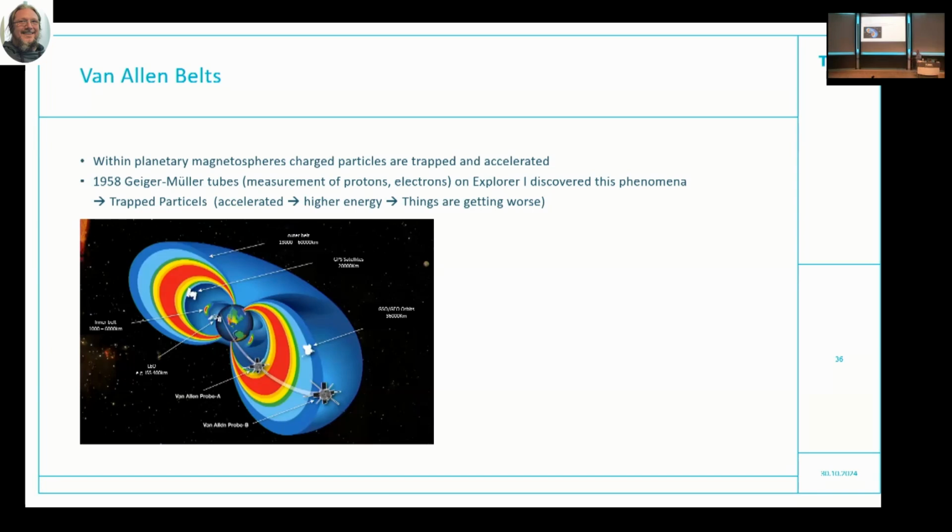Things are getting worse because particles are trapped in the magnetic field, they are accelerated, and therefore the energy of radiation in this area is even worse. Now consider, here's the ISS, so we are really close to the Earth, just roughly 400 kilometers. Here we are traveling above 40,000 kilometers, so into deep space.